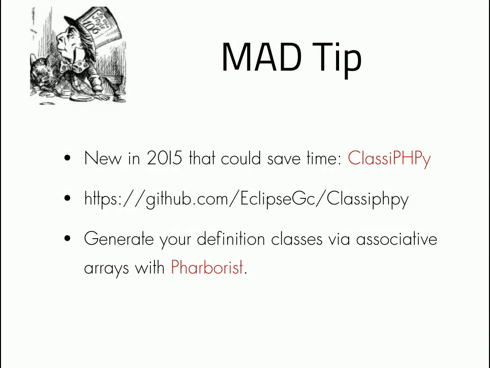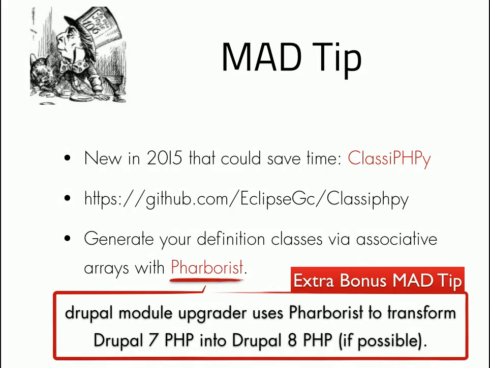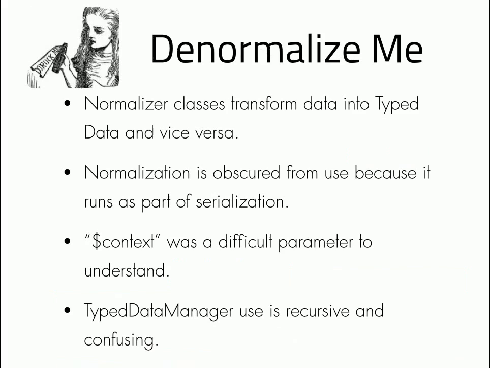That's why it's taking the associative array and translating it into your definition class. The extra bonus mad tip of the day is that Farbarus is also how the Drupal module upgrader module works, in that it takes Drupal 7 PHP and turns it into Drupal 8 PHP when possible. But I'm kind of digressing.